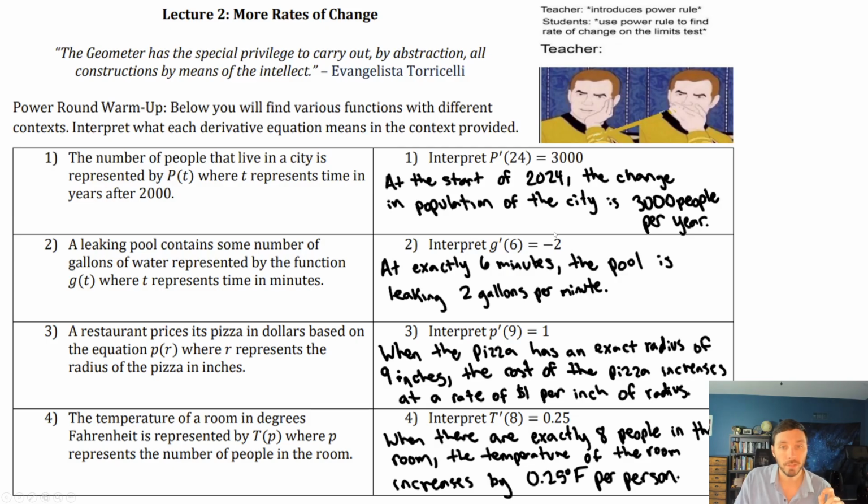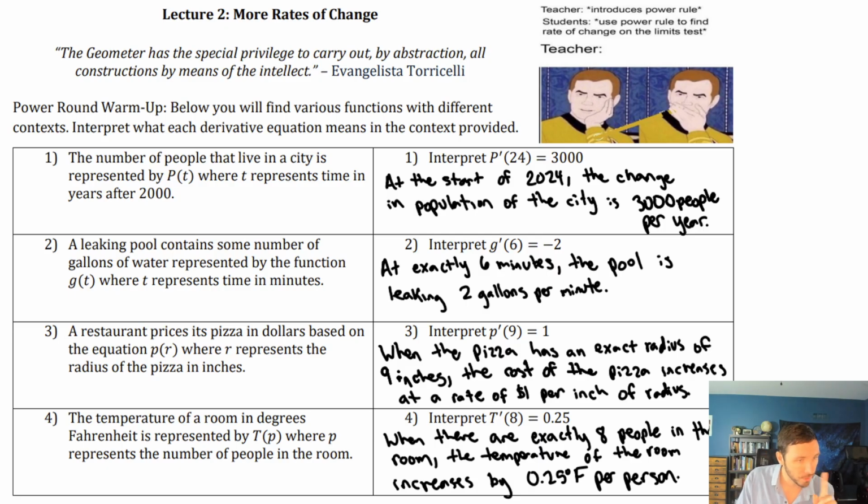And then the output, well, since g of t was, what was g of t? Gallons of water, we're rateifying that g as g prime. So that would be the rate of change, the slope of this gallon, in goes minute, out shoots gallon function, so gallons per minute.